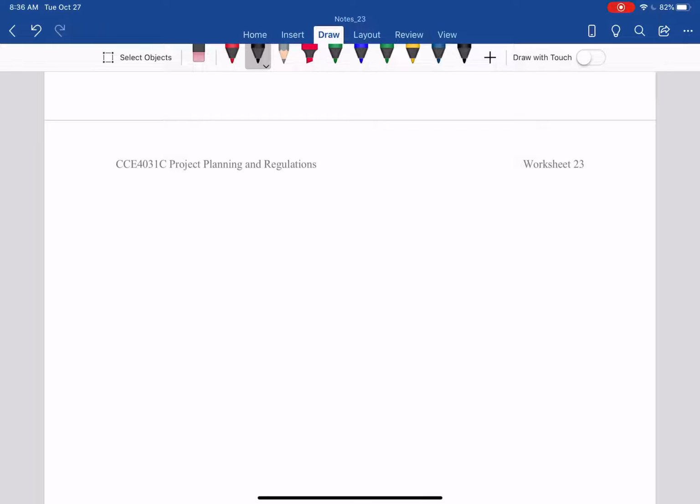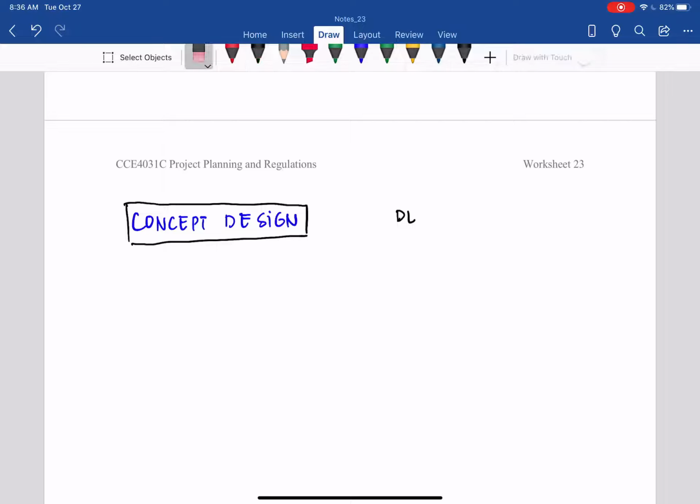So with that one, if we have concept design, that is one activity, and then when that finishes, I can do the detail design. And that is another activity.